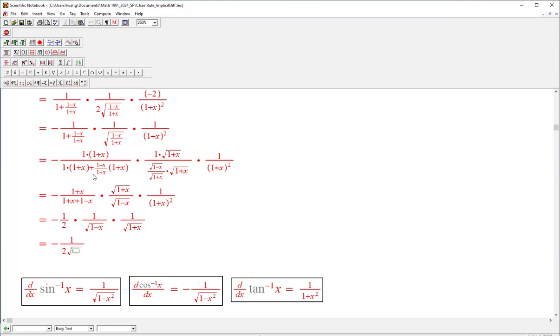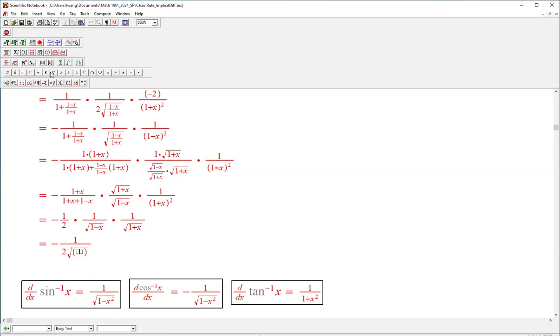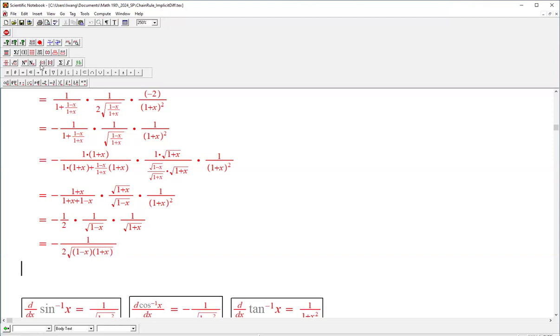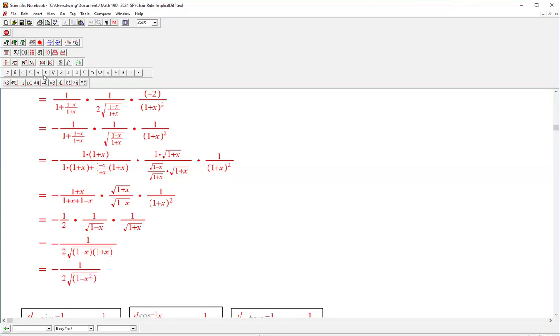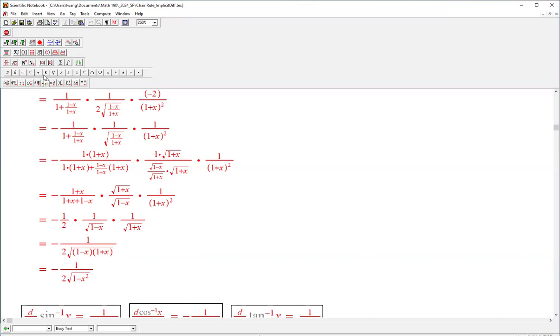And that's going to be 1 minus x multiply 1 plus x. If we FOIL what's under the square root, we are getting 1 minus x squared. And we can remove the parentheses inside. So that's done, finished. I think that's enough exercise for now.